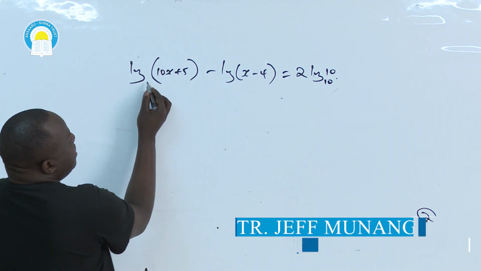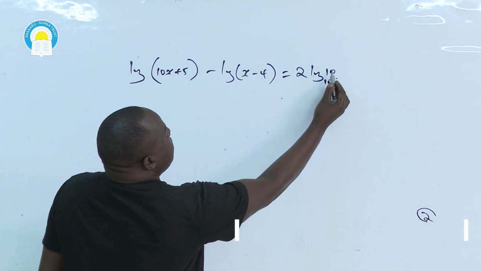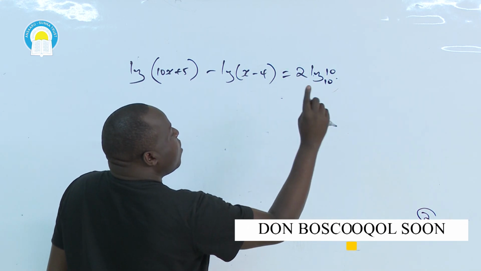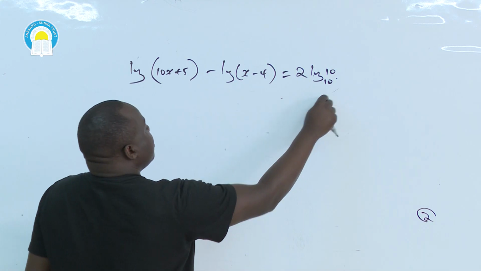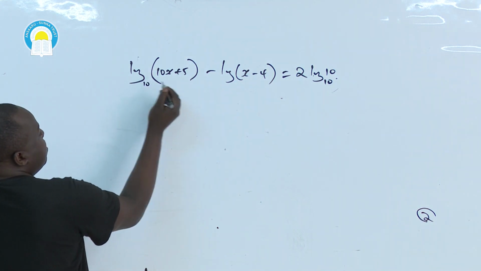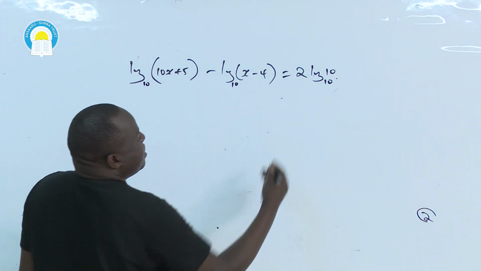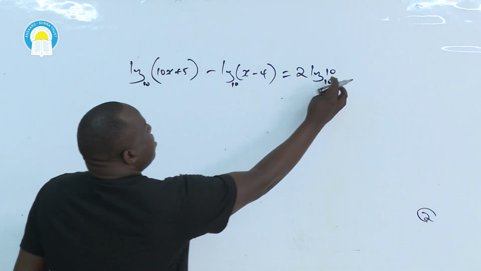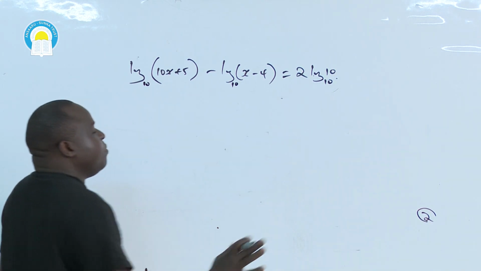If the base was 6, I could have written log 6 base 6, because log 6 base 6 is the same as 1. It doesn't change this statement. This log was base 10, so me doing that, it's okay. If it was 3, then this should be log 3 base 3. I hope you got that.